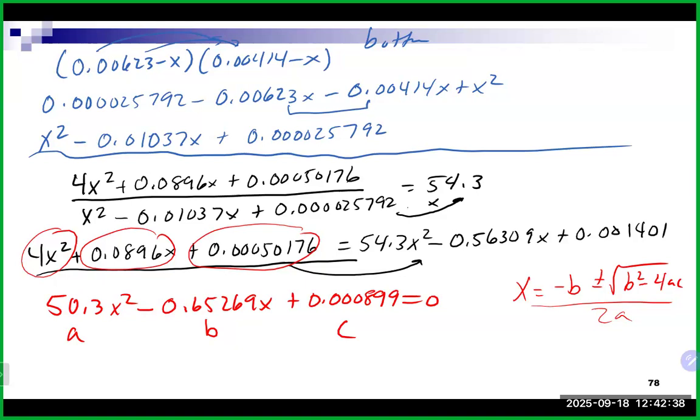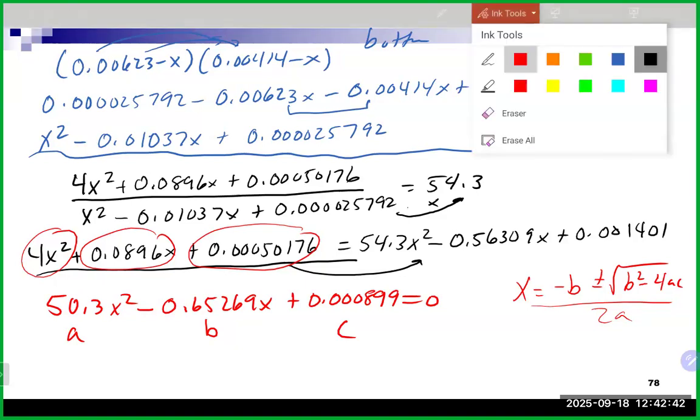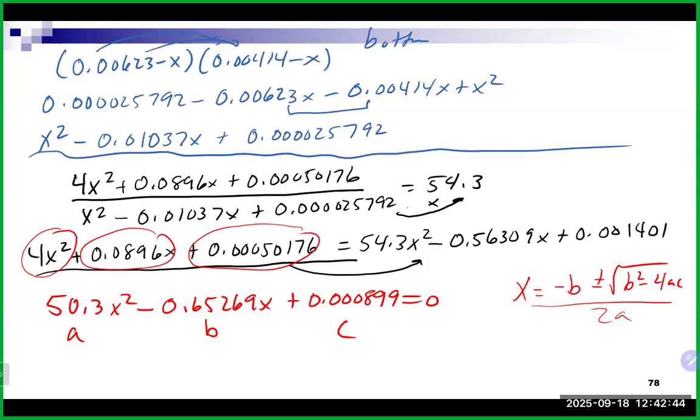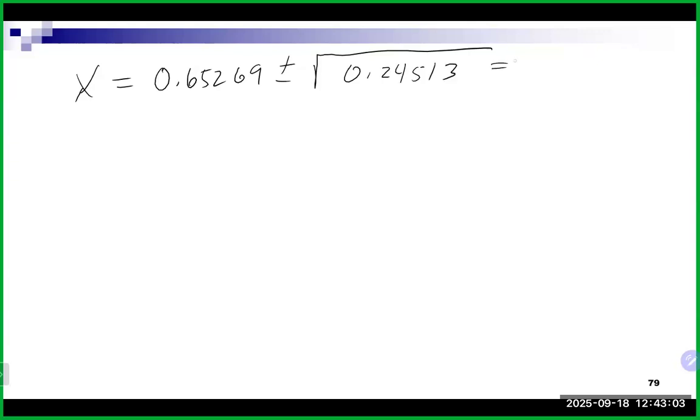I'm going to flop it to the next page here. Putting those numbers in, that will give us x is equal to 0.65269 plus or minus the square root. If you do everything inside the square root, I believe you should end up with 0.24513, and if you take the square root of it, 0.4951.